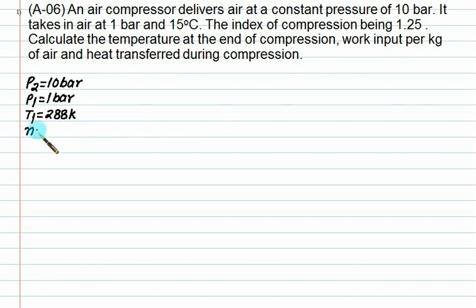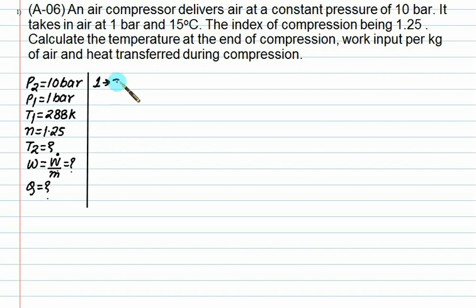The index of compression and expansion is identical, N equals 1.25. What we need to calculate is the value of T2, the specific work, that is the power required per mass flow rate, which will be in joules per kg, and finally the heat transfer during compression, that is 1 to 2.